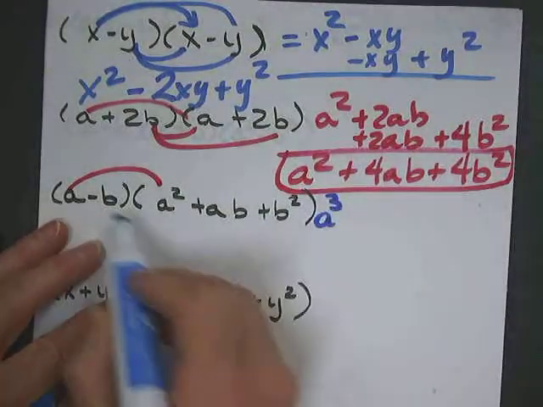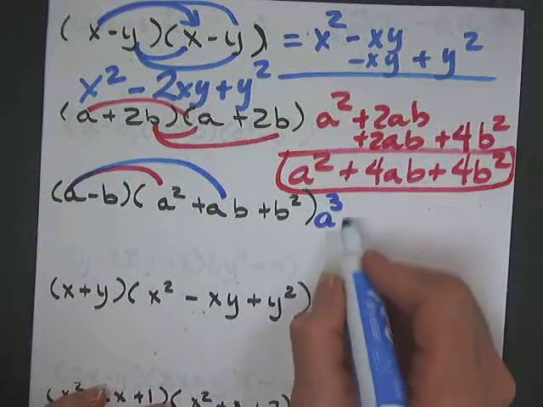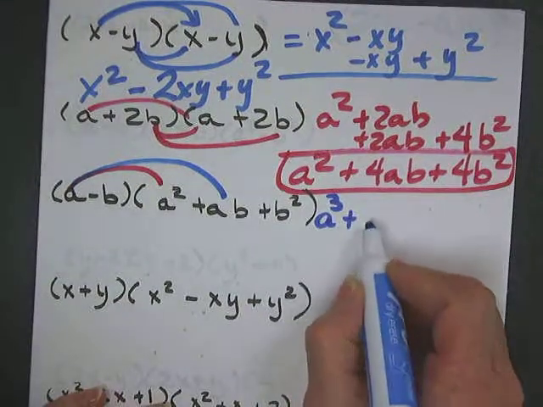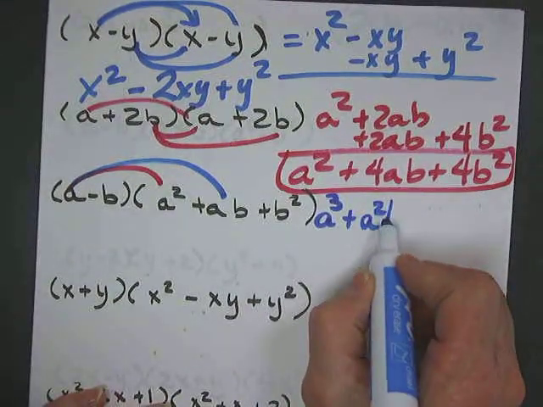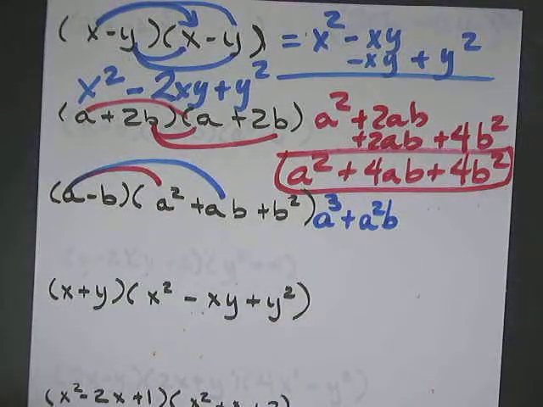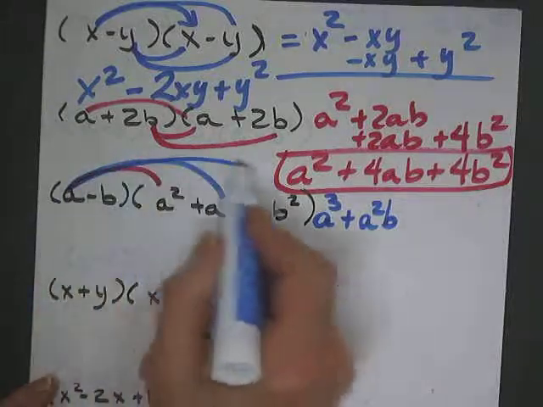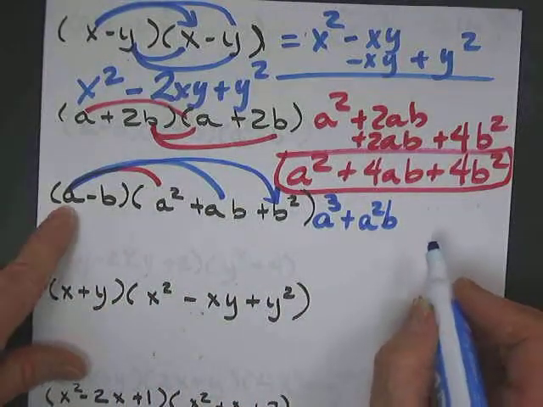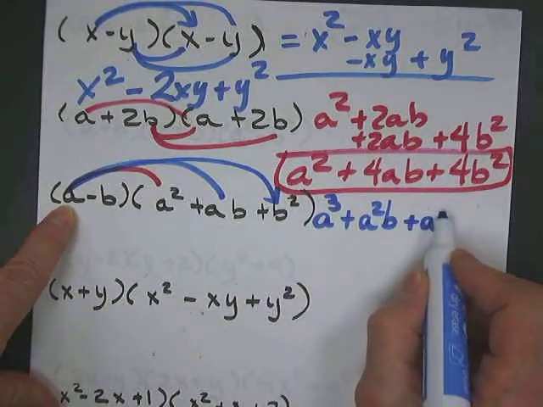A times a squared, a cubed. And then a times ab, a squared b.